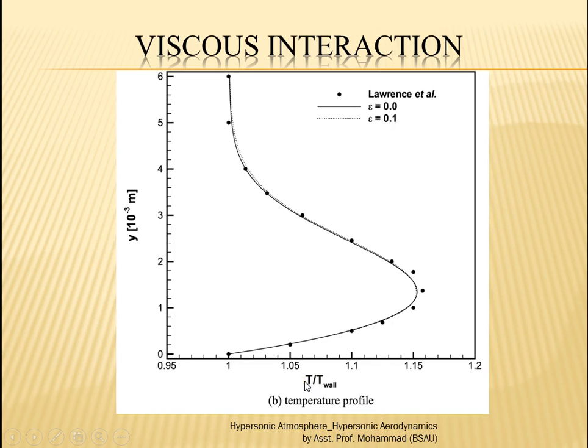There is no discontinuity. Now as the distance goes away from the solid wall, the temperature starts varying, and at the final level, beyond the boundary layer, the temperature ratio again becomes equal to 1, confirming that the temperature is equal to the temperature of the free stream flow.